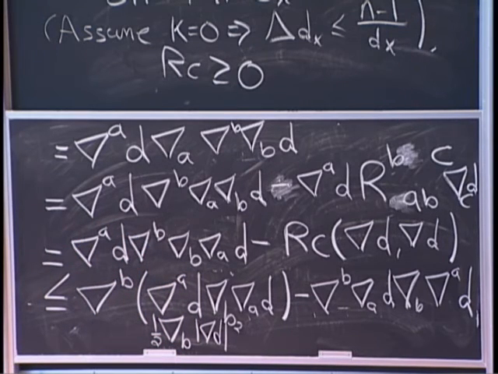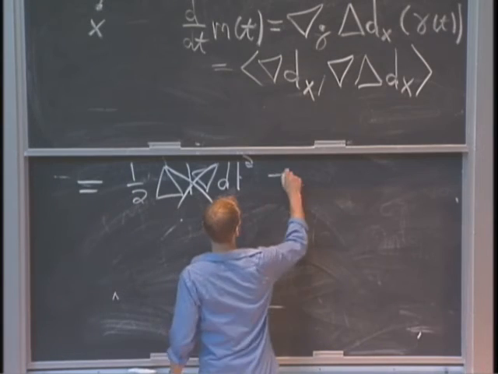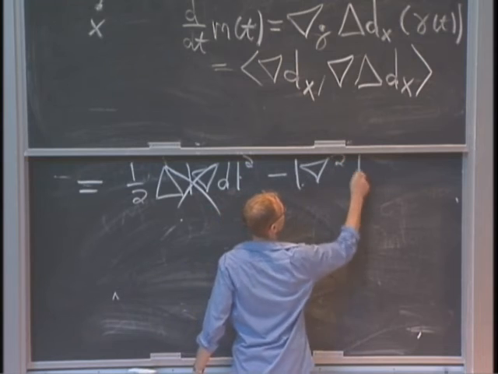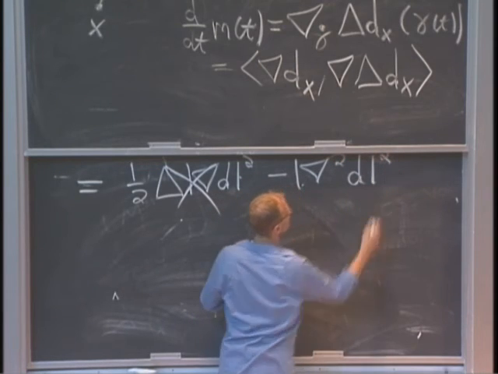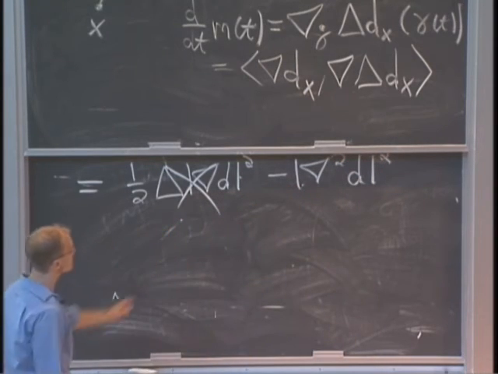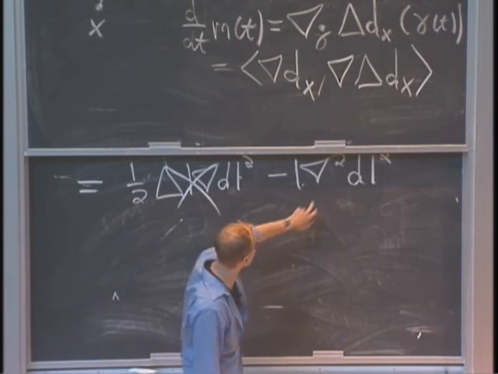But what is this on the smooth part? What's the gradient of the distance function? It's always 1 on the smooth part. So if I take derivatives of it, I get 0. The second term left over, well, that's minus the Hessian of the distance function squared. The Hessian of the distance function always vanishes in the gradient direction.